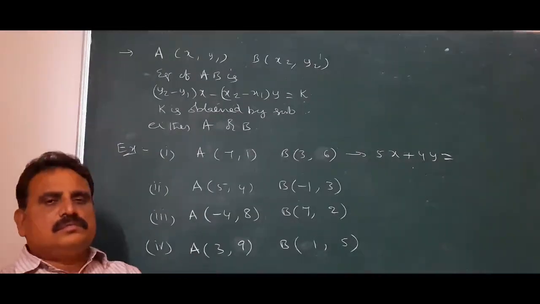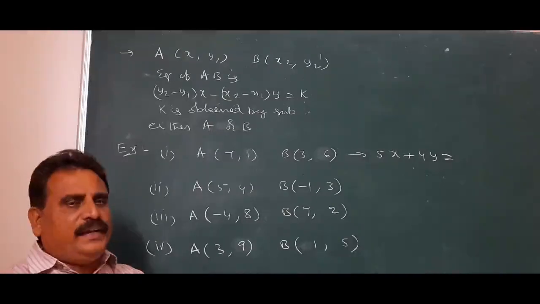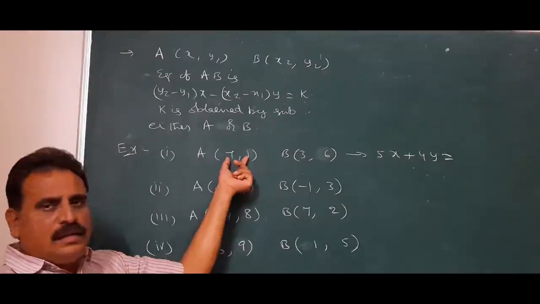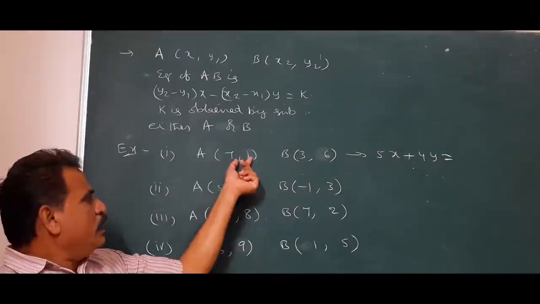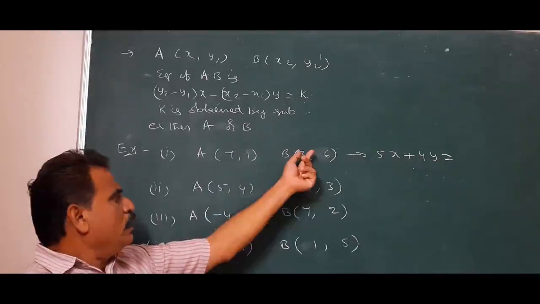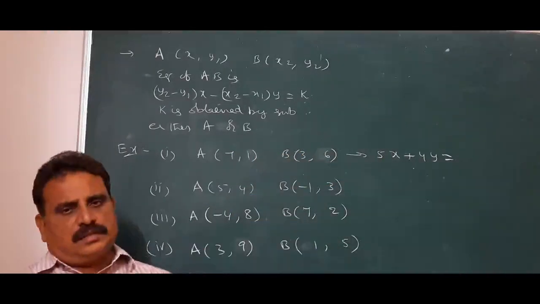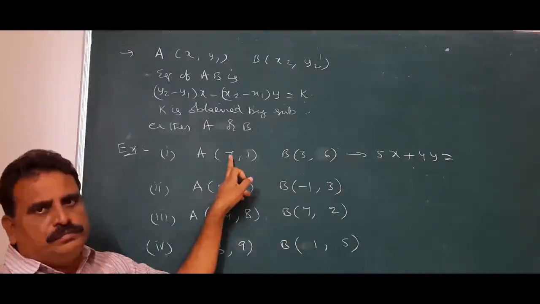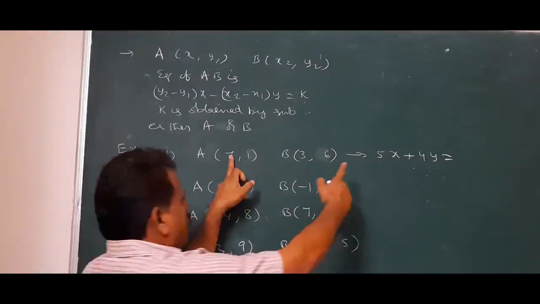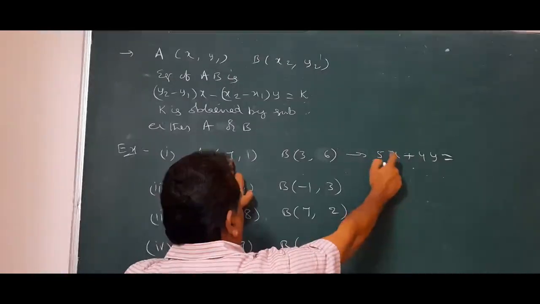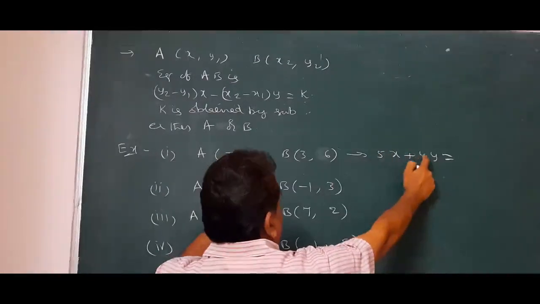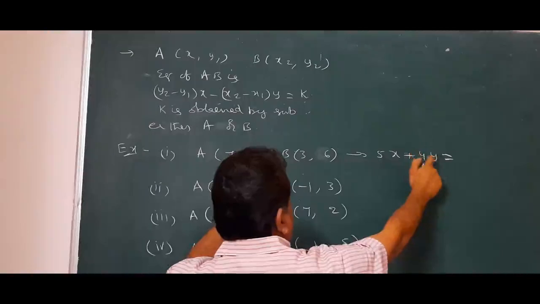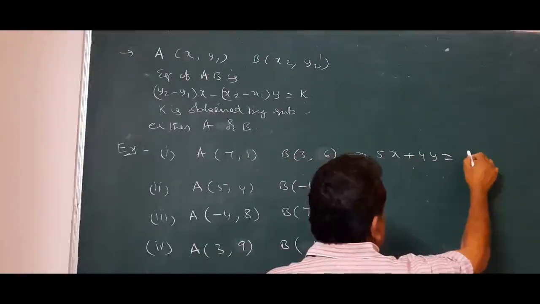Now find the constant. How to find it? Substitute A (7, 1) or B (3, 6). Now substitute A: x equal to 7, 5 into 7 is 35, 35 plus 4 into 1 is 4, 35 plus 4 is 39.